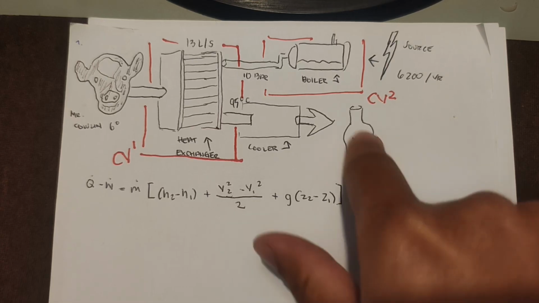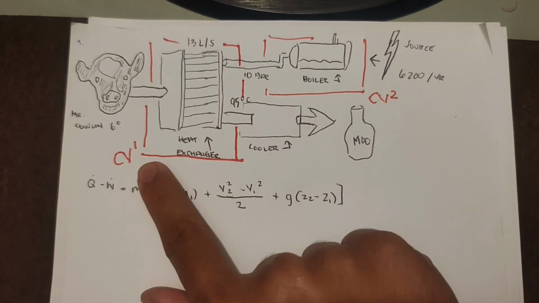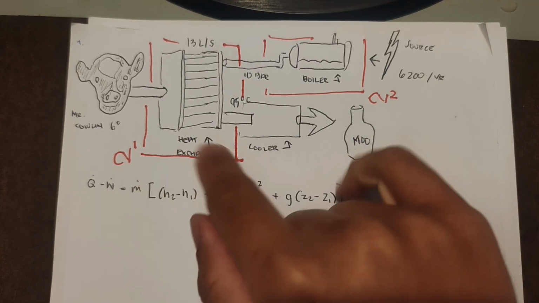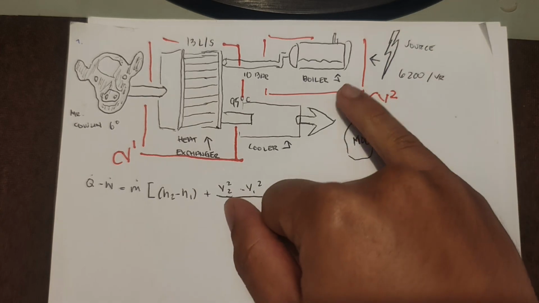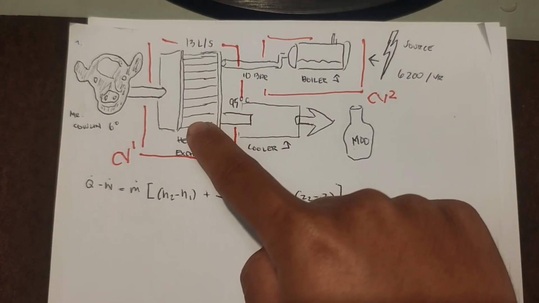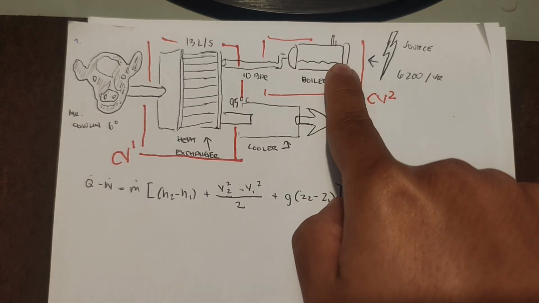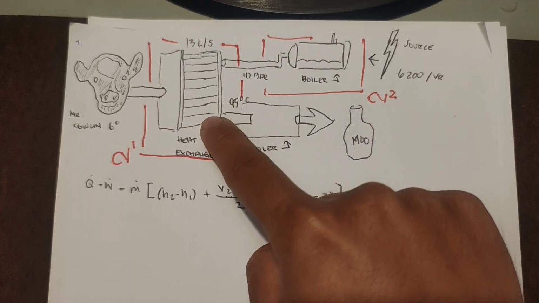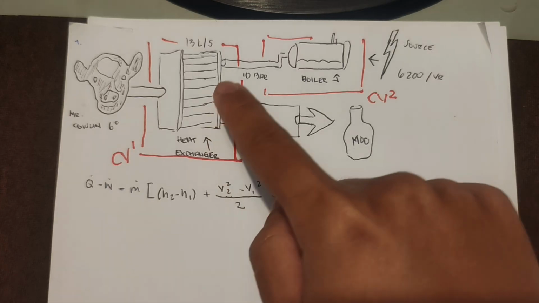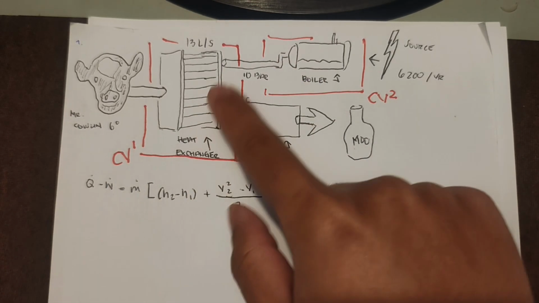Okay, why do we have two red boxes? This one is CV1 or control volume 1, and this one is CV2 or control volume 2. Let's first focus on the heat exchanger. The question only mentions that we are using the saturated steam to heat up our milk, but it did not define that we are going to mix them, which in real life we do not.